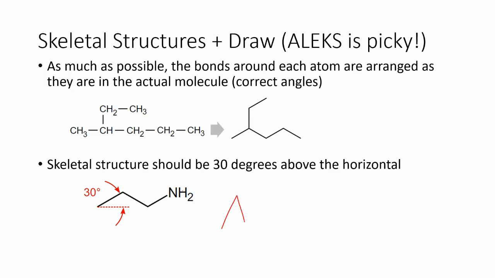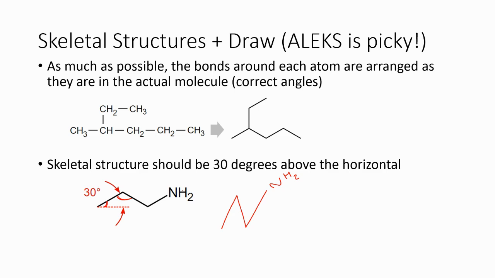If you do something like this, and then you put your NH2 over here, it will not like that. Can you see how that's too steep? If it's marking it wrong, and you think you have the right number of carbons and other atoms, ALEKS is really picky about making it beautiful. So you want to check that this is an obtuse angle, and this one is an acute angle around 30. Okay, and that just takes some practice.